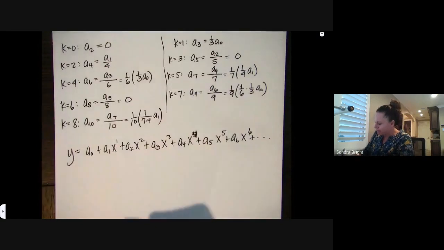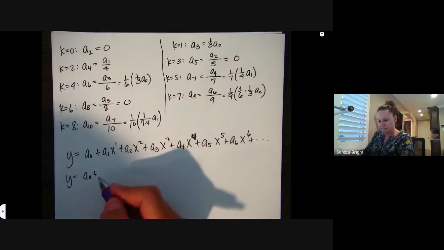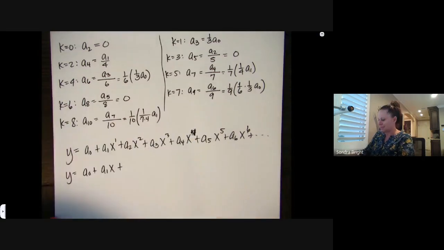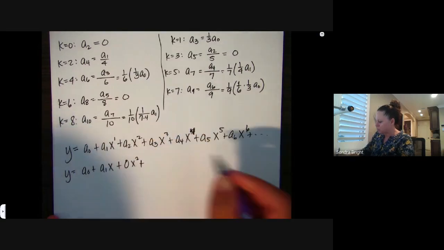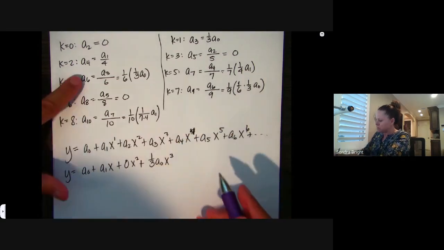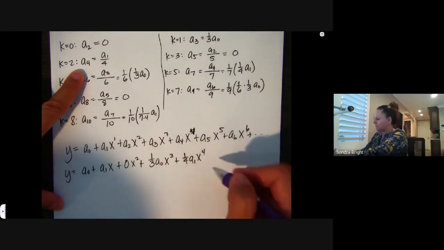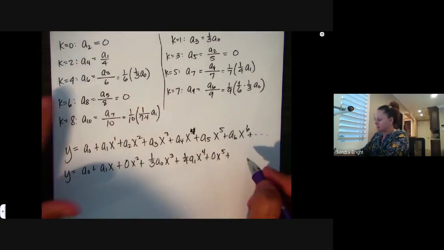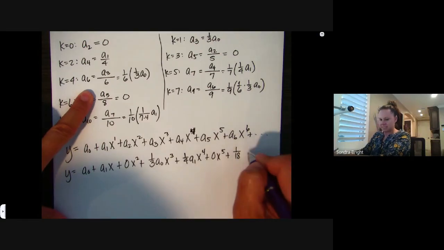So this is a naught plus a1 x, and then here's where things start changing. We got 0, plus a3 was 1/3 a naught x cubed. A4 was 1/4 a1 x to the 4th. A5 was 0.